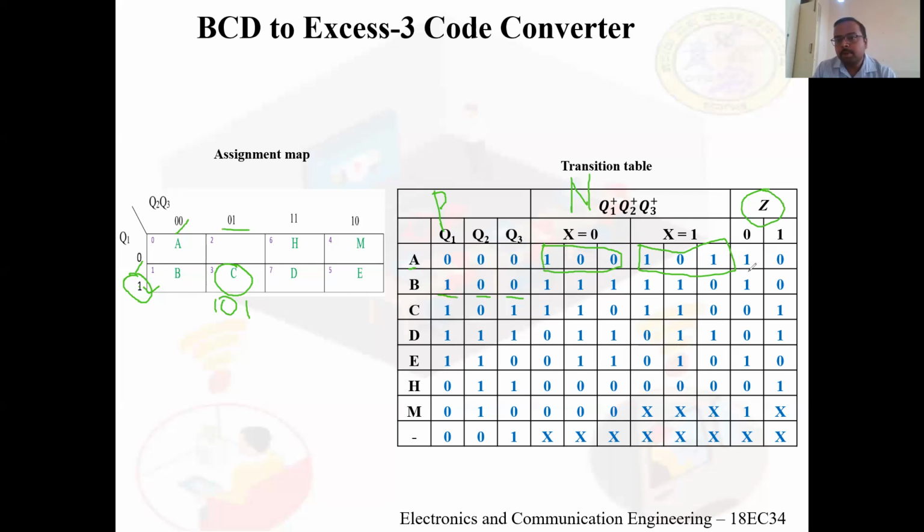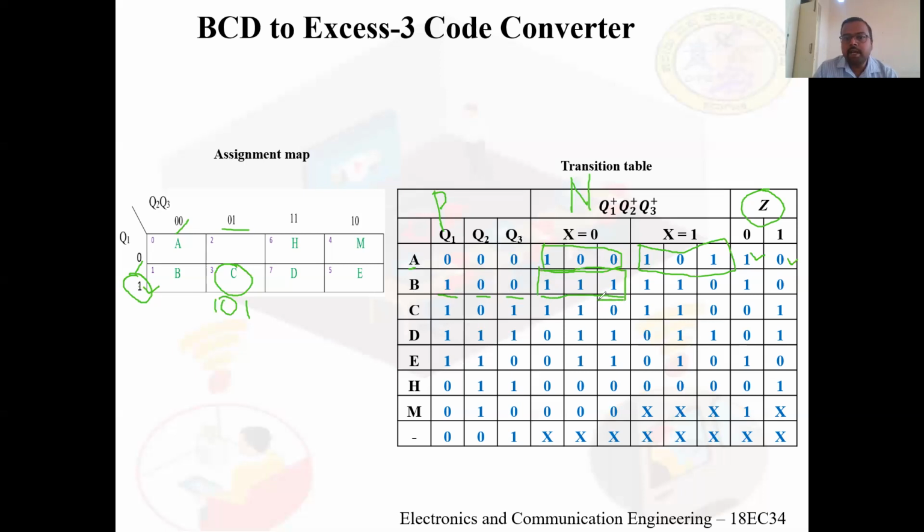And we know, just by looking at the state table, the outputs for x is 0 and x is 1. Substituting the same values from the state table in the transition. Similarly, when it is B, what is Q1, Q2, and Q3? 1, 0, 0 here. Which is the next state when it is B?